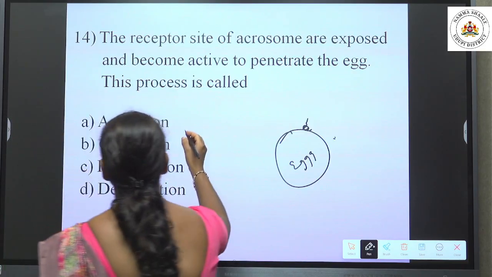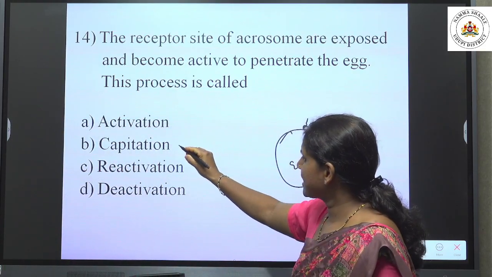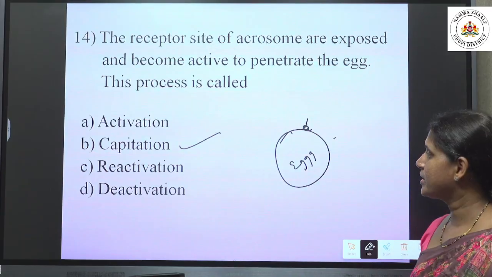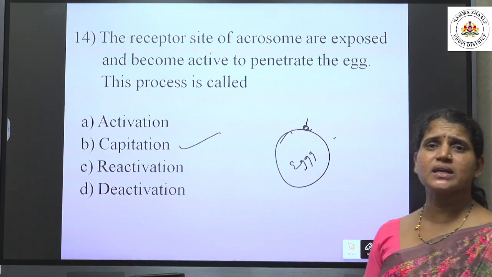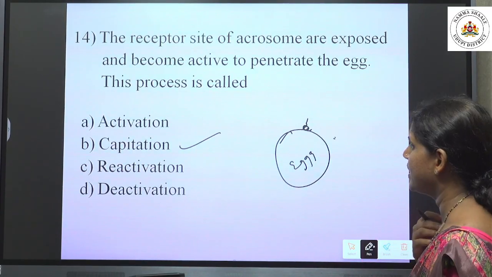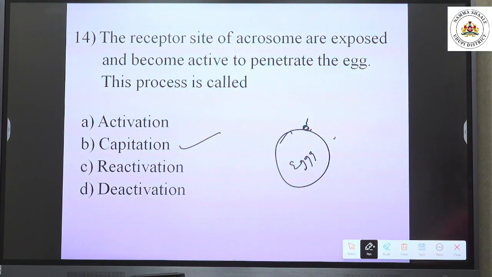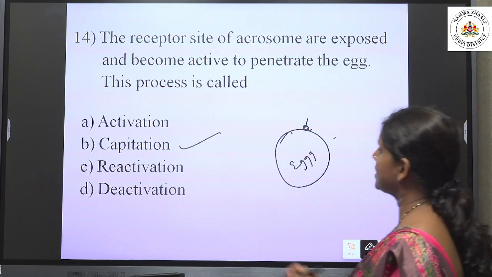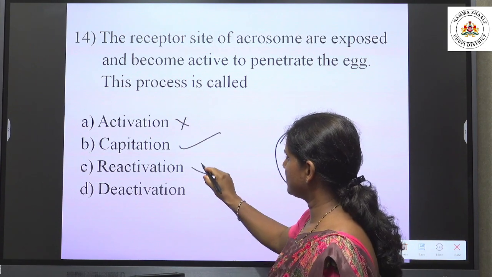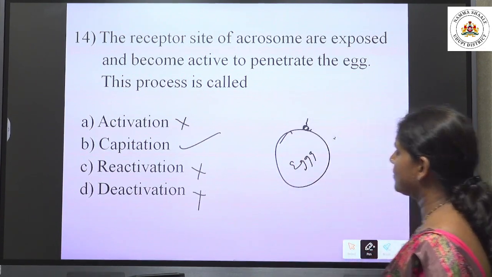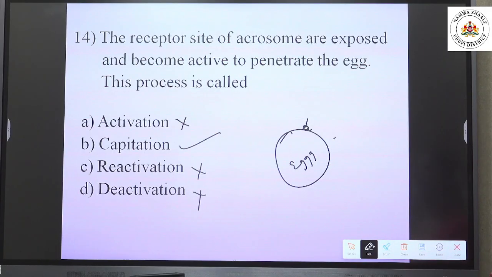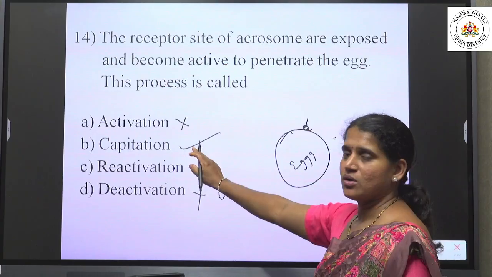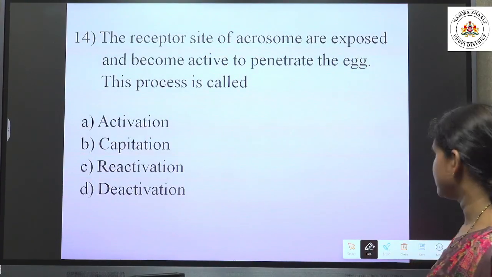So here the option is capacitation. It is a biochemical transformation of sperm. The biochemical transformation of sperm is called capacitation, and all the other options are wrong. So hence the receptor sites of acrosomes are exposed and become active to penetrate the egg. This process is called capacitation. Okay, option B is the correct one.